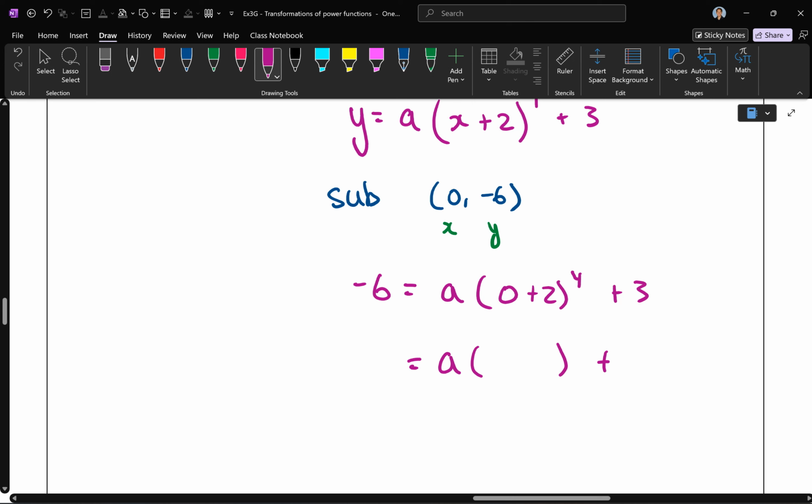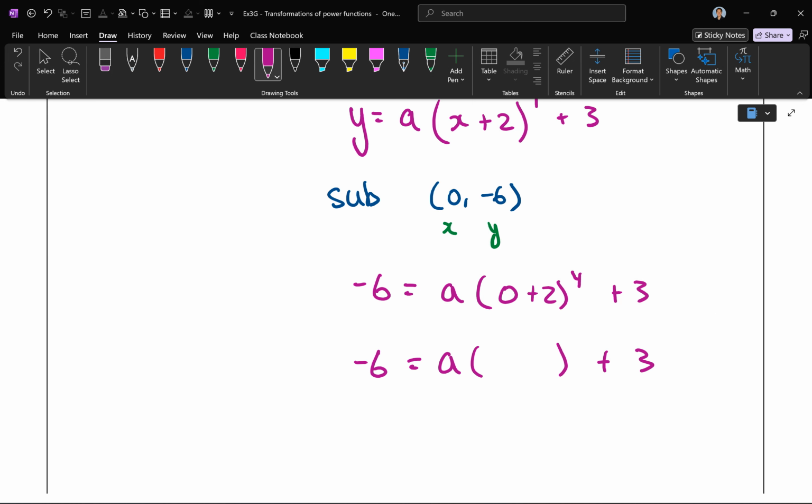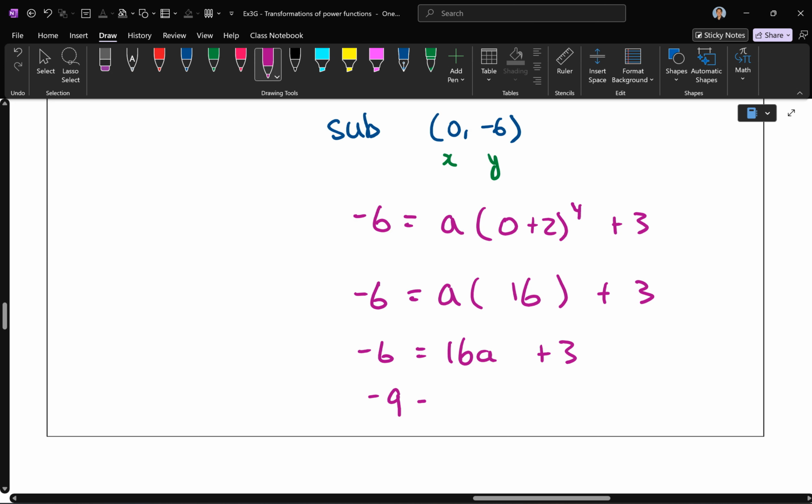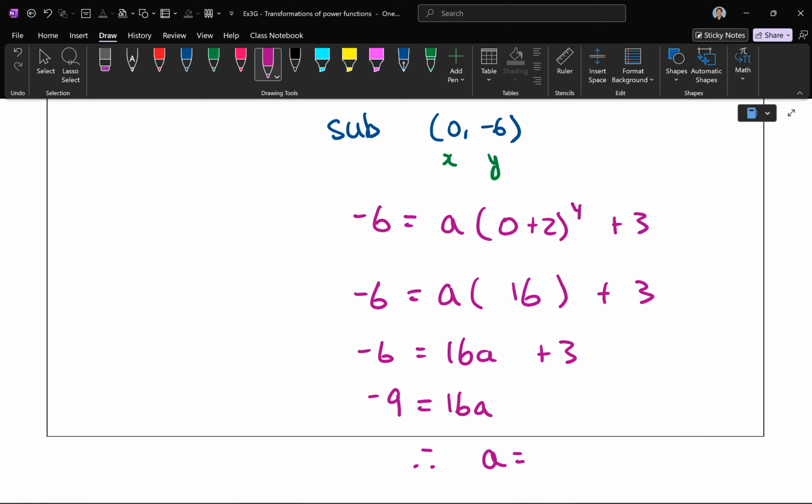Let's go with Emily. What's 2 to the power of 4 equal to? 16 is correct. So we get 16a plus 3 equals -6. Take away 3 on both sides gives you -9 equals 16a. Therefore, a must equal to what? Can I please have Ryan? -9 on 16.